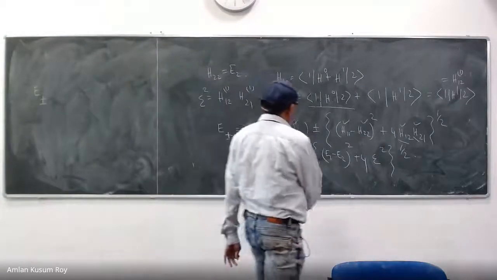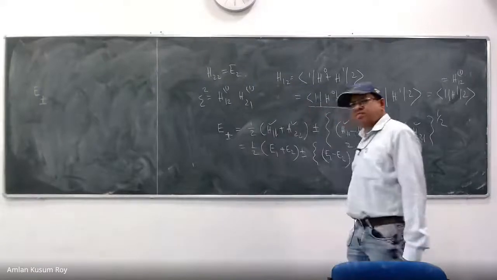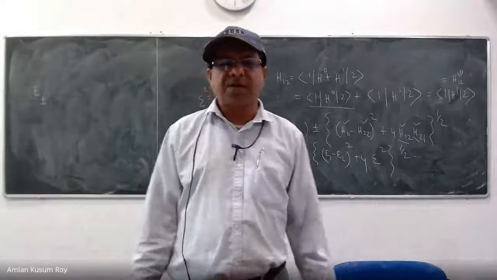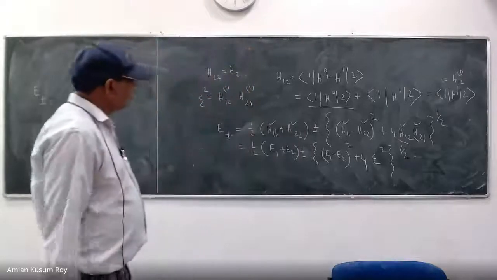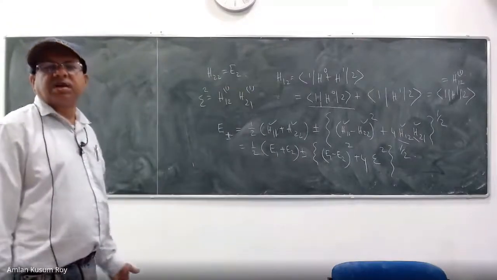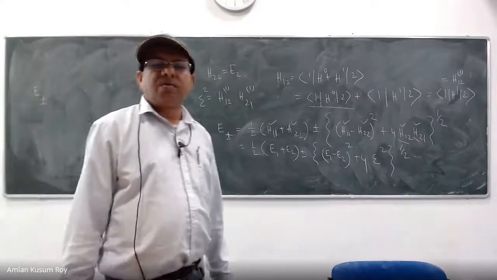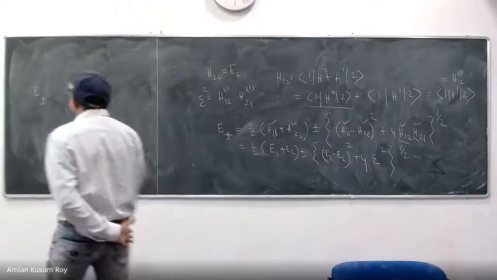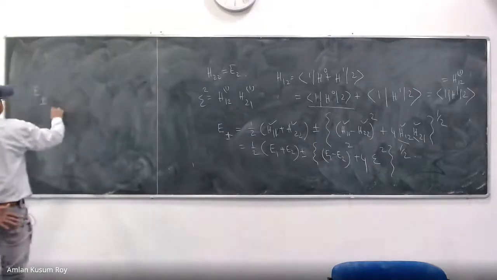Great. So then what happens? Epsilon term will vanish, of course, because that is the only place where the perturbation entered into the picture. E1, E2 are unperturbed energies, right? So what will happen if epsilon is equal to 0? Then what becomes of your E plus and E minus? That is the question.